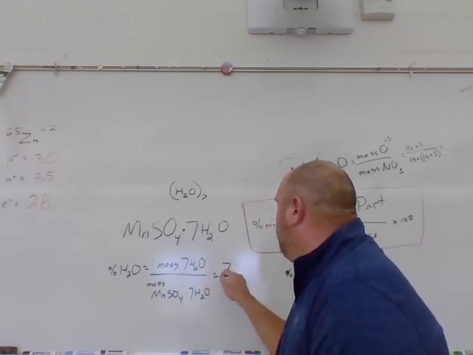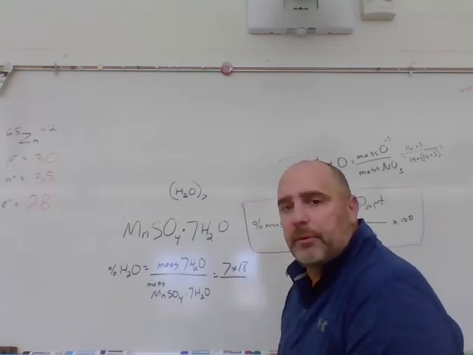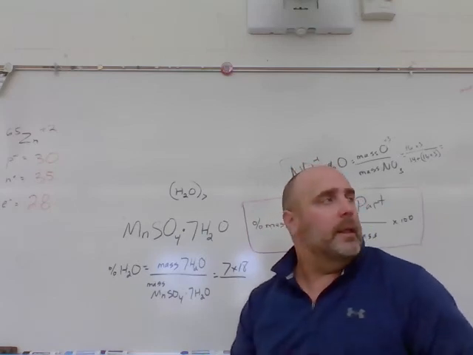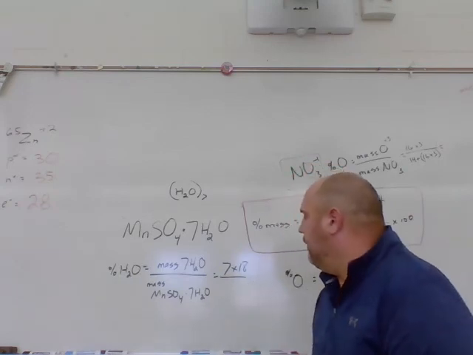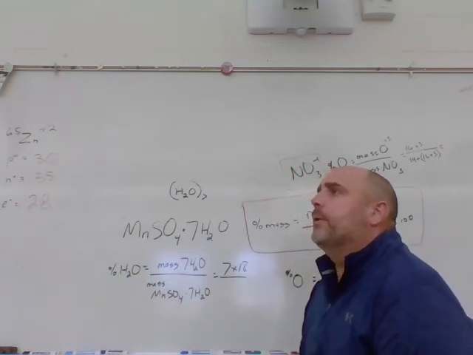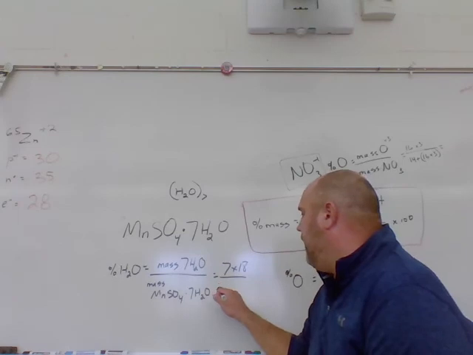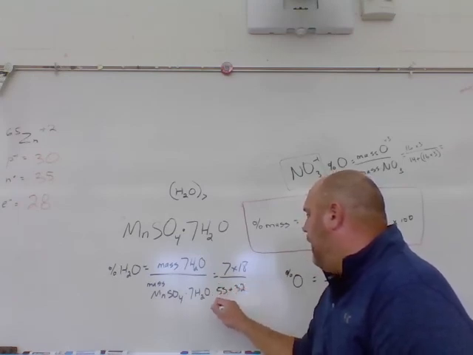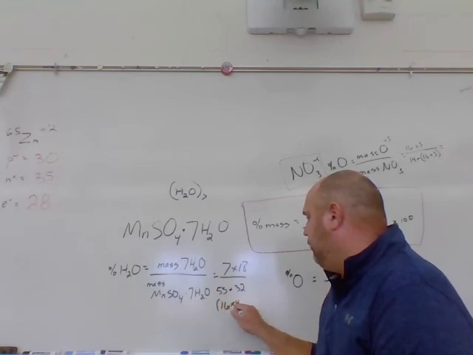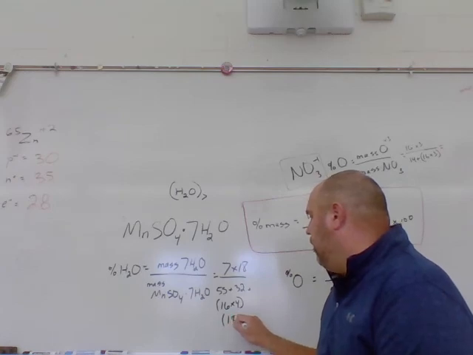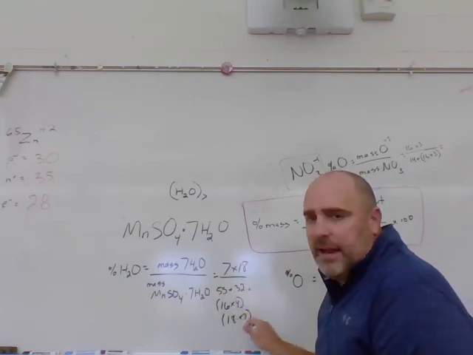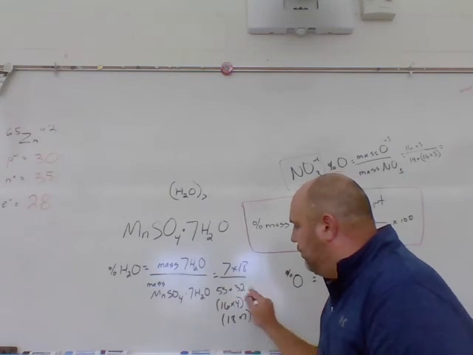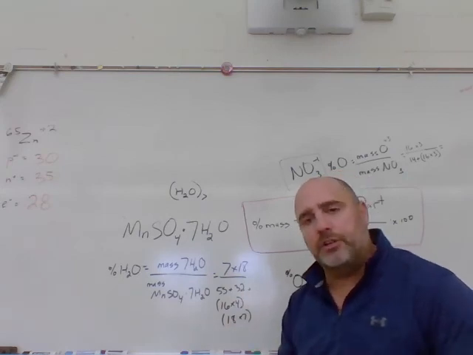I know the molar mass of water is 18, so 7 times 18 would be the top number. The bottom number will have Mn, which is 55, and sulfur is 32. Oxygen is 16, but there are 4 of them. And we have the weight of water, and there are 7 of them. That's a lot of numbers to add up, but whatever this total is, that's the bottom number. I'll let you calculate it.